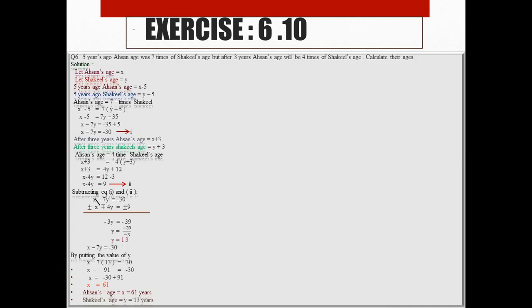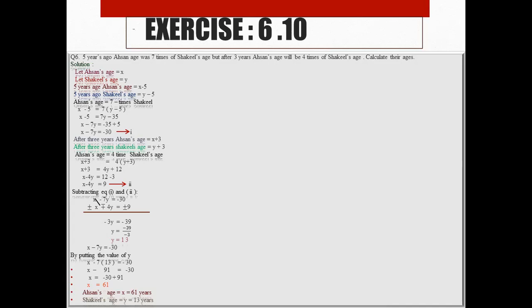Now we move the variables to the left hand side and the constant terms to the right hand side. Shift 7y with x: x minus 7y is equal to minus 35 plus 5. The first equation is x minus 7y is equal to minus 30. This is the equation of the first condition.